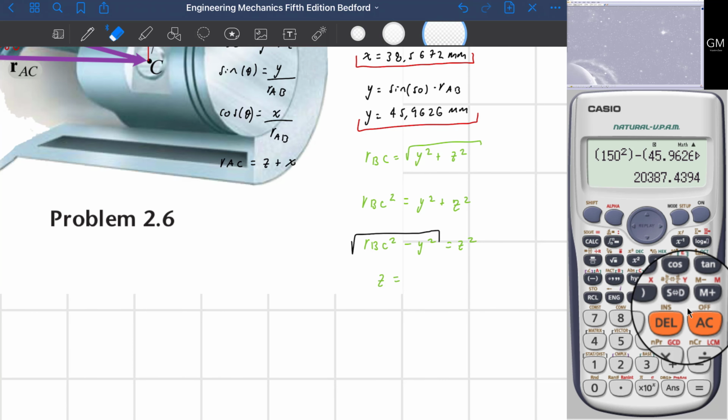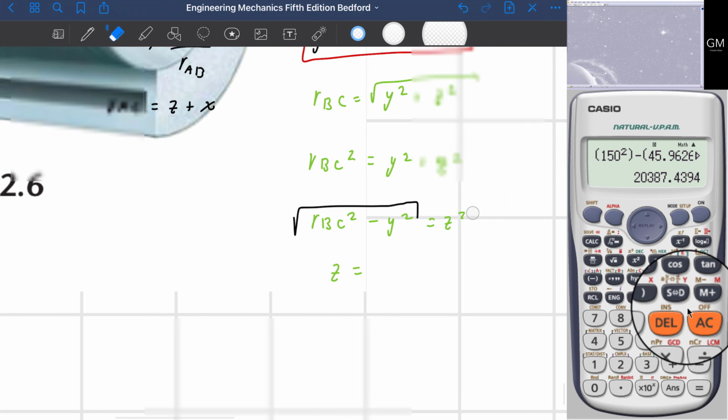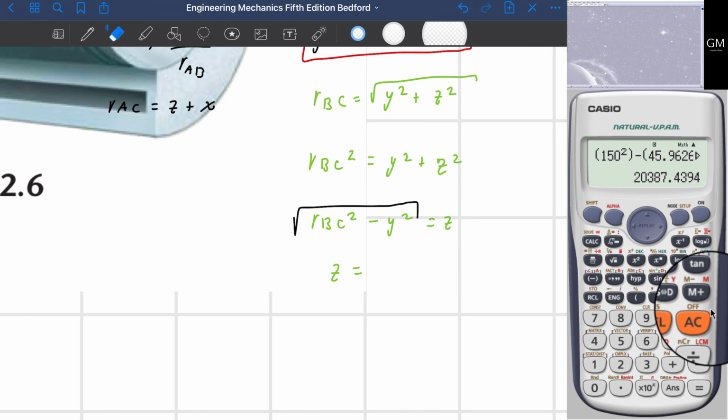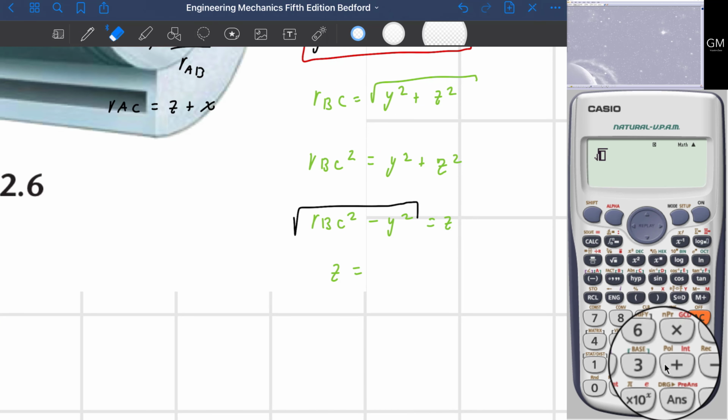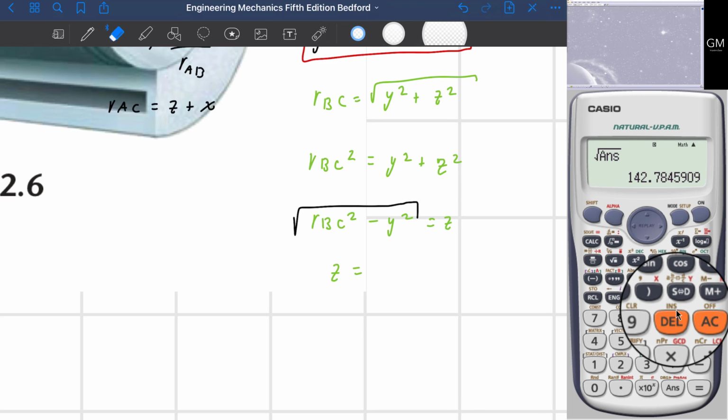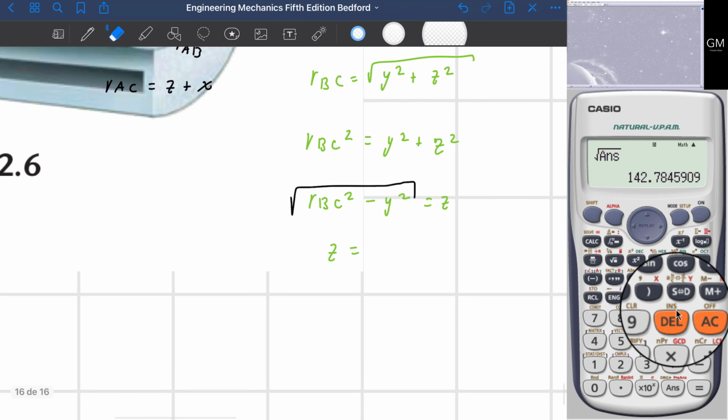Okay, so I can do this. That's right. So I just have to take the square root of the answer that I just have, and c is equal to 142.7845 millimeters.